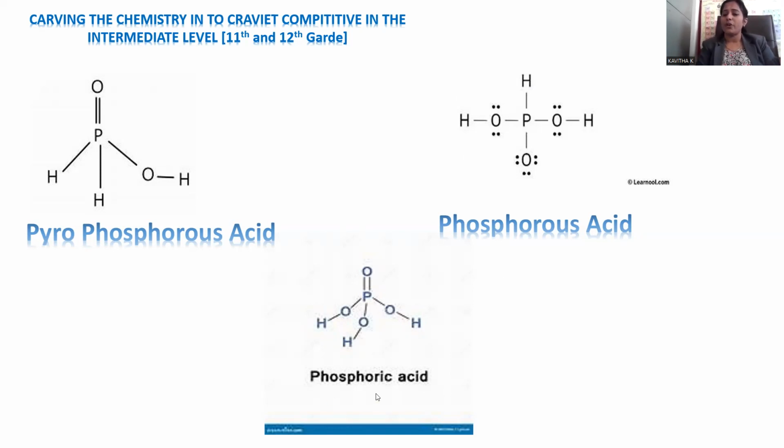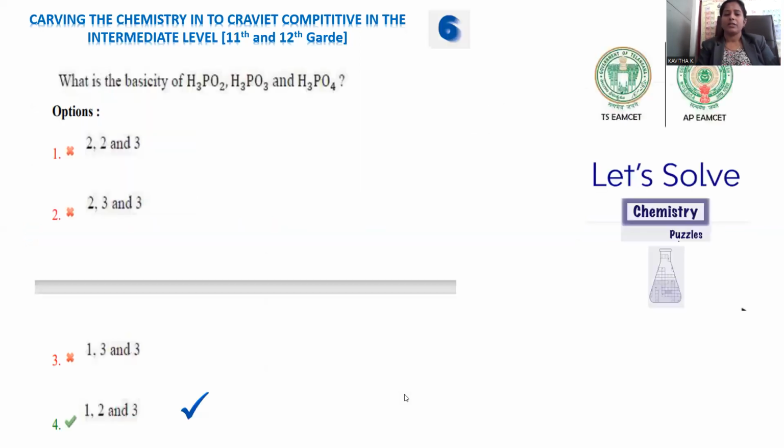Move on to phosphoric acid. In this phosphoric acid, we have OH, OH, OH. These many OH are there, so the replaceable H plus ions are 3. So phosphoric acid basicity will be 3. So here we can clearly see H3PO2 has 1, H3PO3 has 2, H3PO4 has 3. For question number 6, option number 4 will be the correct answer.